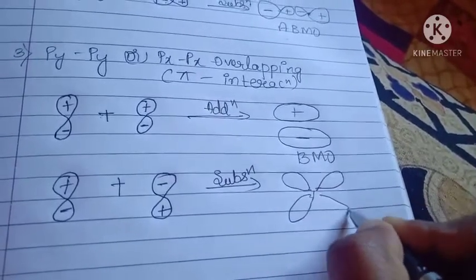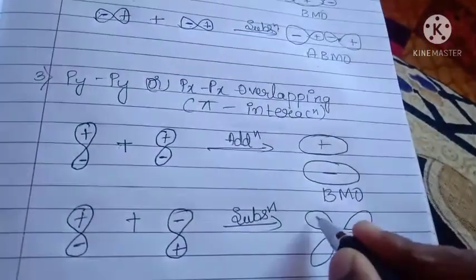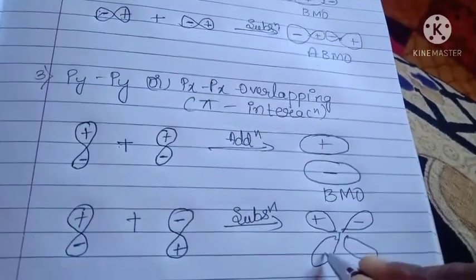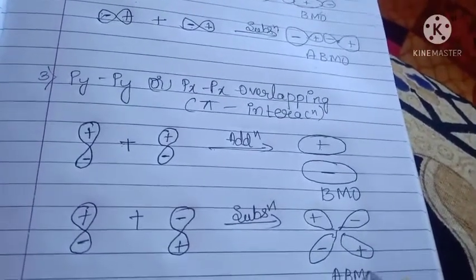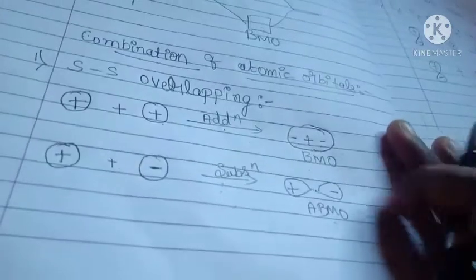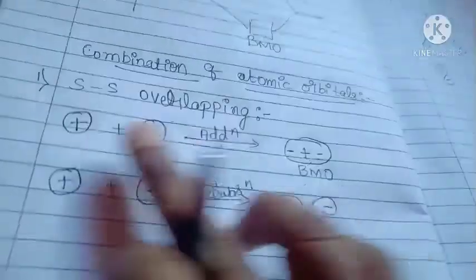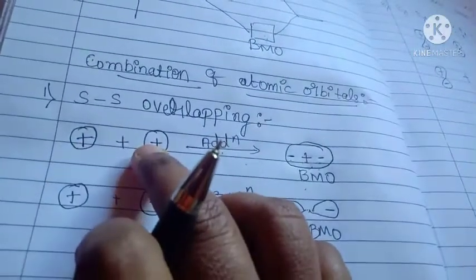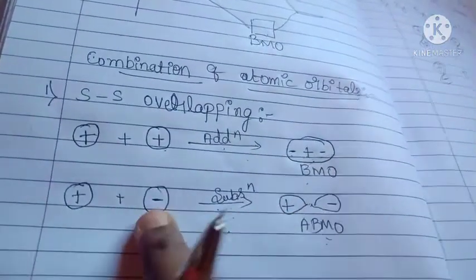The orbital should be formed like this in the ABMO: plus minus, minus plus. This is the overlapping of an s orbital and a p orbital. This is for s-s overlapping. In the BMO they overlap with the same sign, but in the ABMO with opposite sign overlapping.